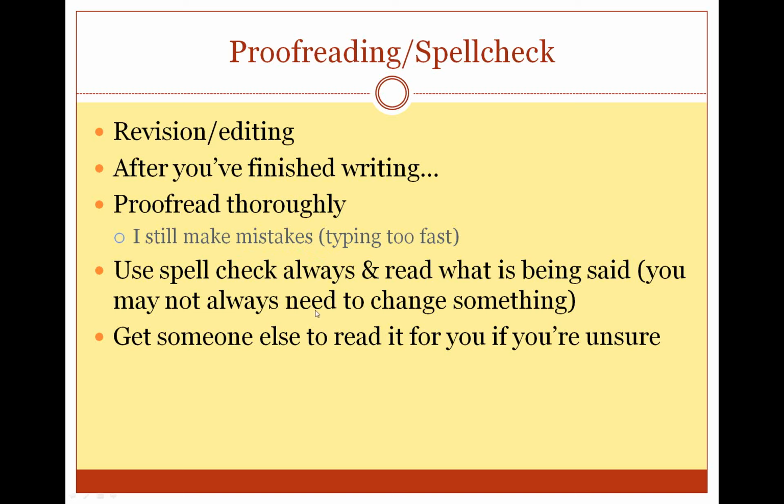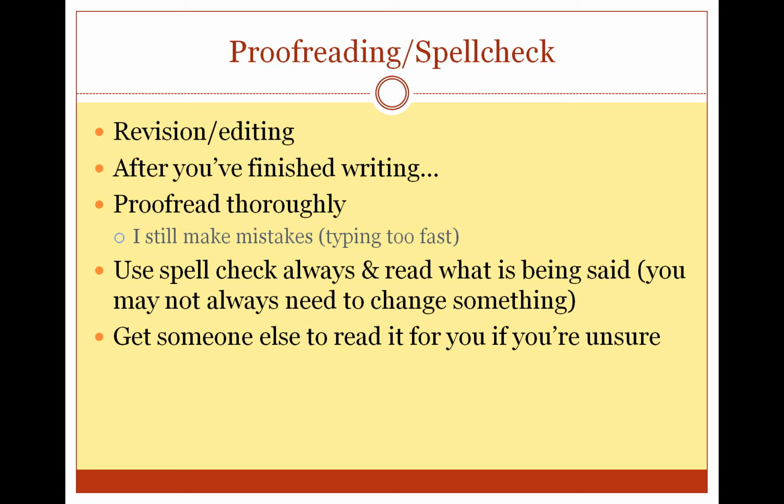So after you finish, you want to proofread thoroughly. Again, I still make mistakes because I'm typing too fast. Sometimes my brain is thinking faster than I can get it out, or my fingers are moving faster than my brain, and so I skip words sometimes, misspell words. Make sure you use Spellcheck, and always read what Spellcheck is telling you.